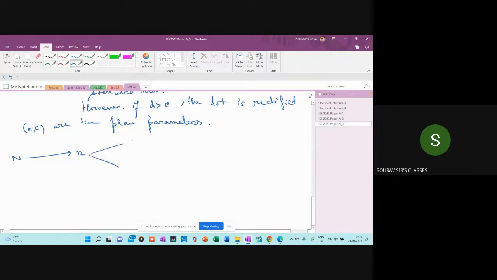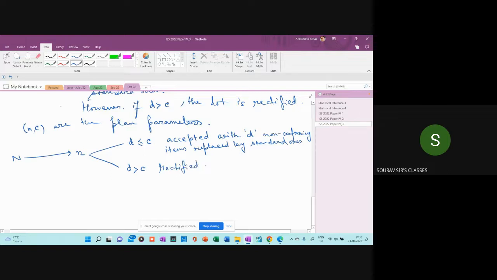So two cases may arise: D is less than or equal to C and D is greater than C. If this happens, then accepted with D items, or rather I should write D non-conforming items, replaced by standard ones, or here it is rectified.